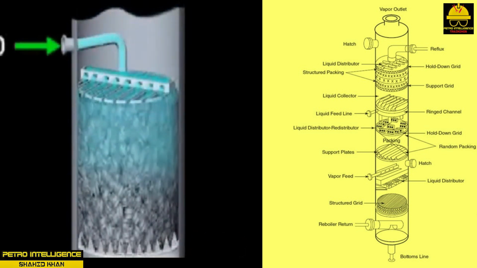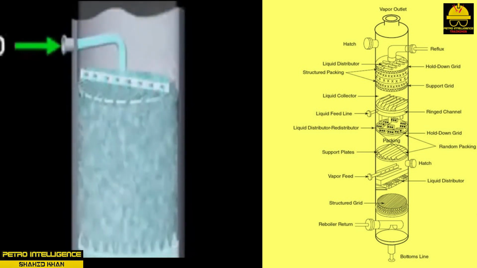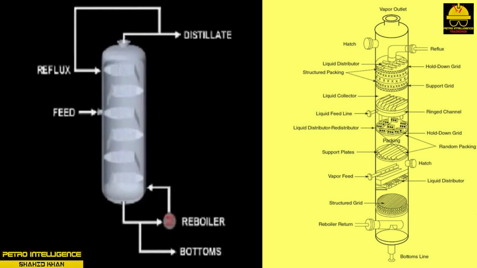Structured packing has specific geometric shapes, like a mesh. It works best in columns requiring high liquid loadings. Stacked packing is uniformly arranged inside a distillation column. Packed columns are designed for pressure drops between 0.20 and 0.60 inch of water per foot of packing medium.